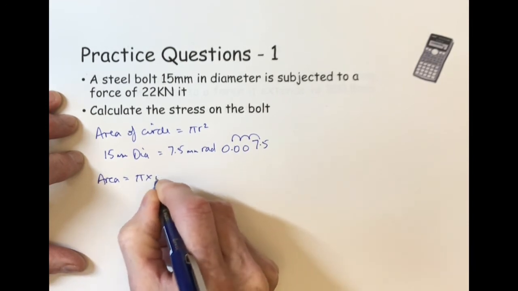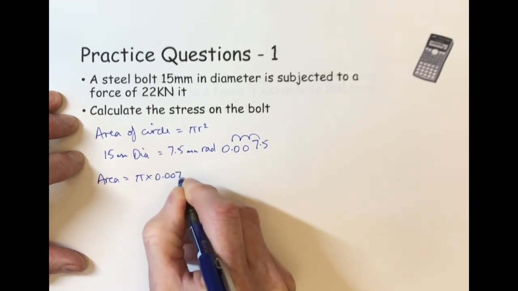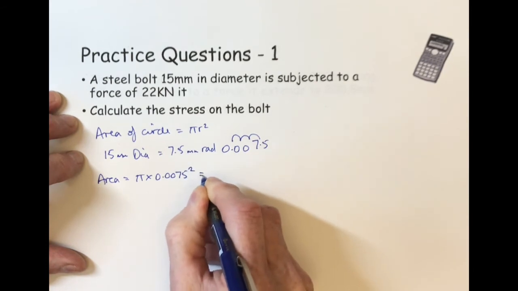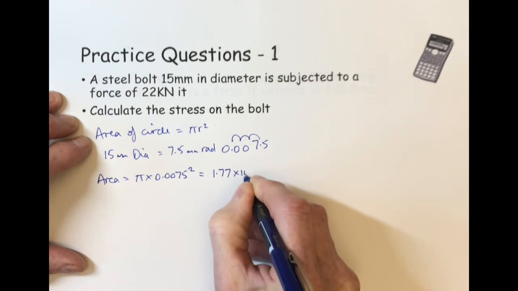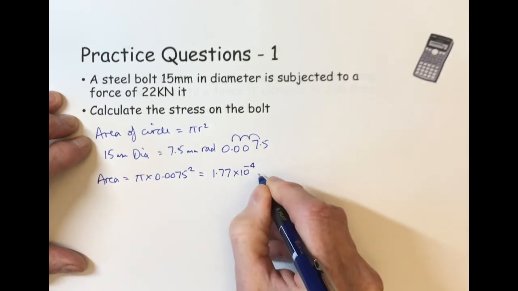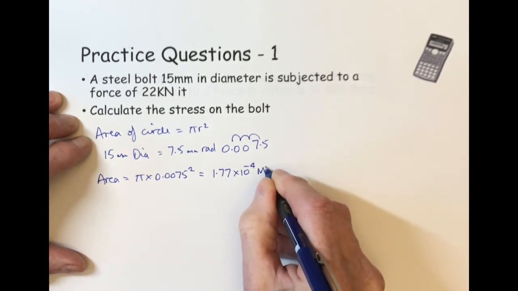So we put that into our formula here. Pi times 0.0075 squared comes to 1.77 times 10 to the power minus 4 metres squared.